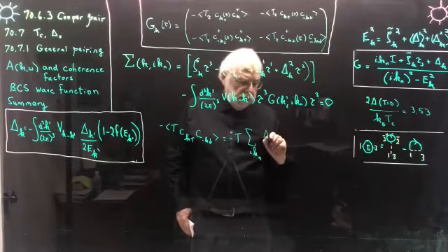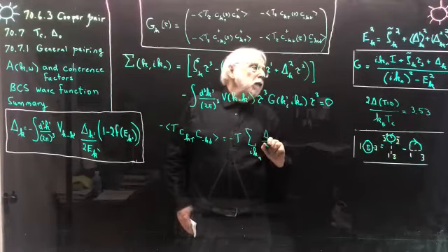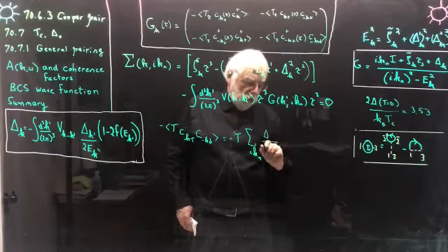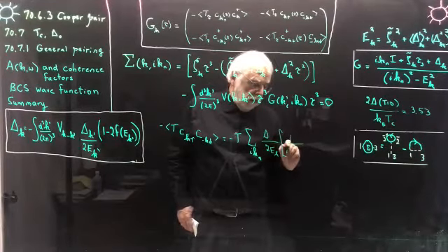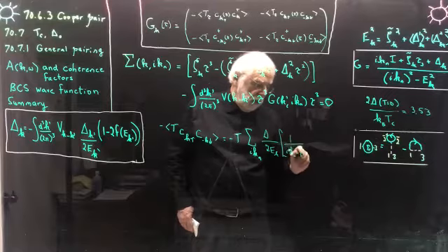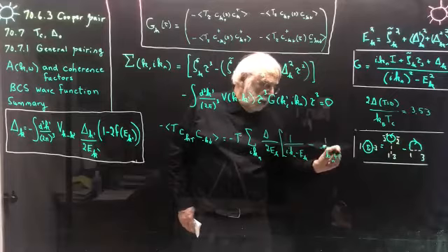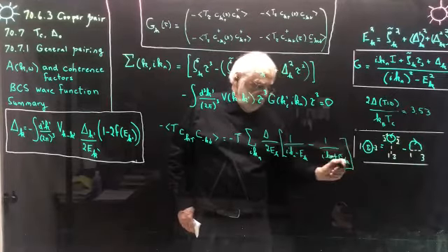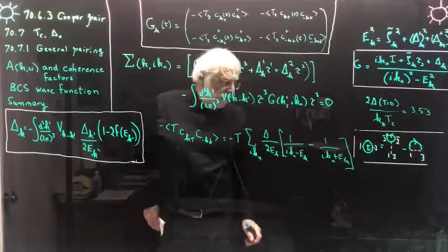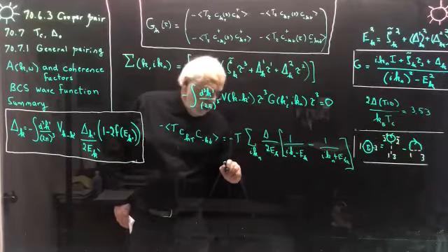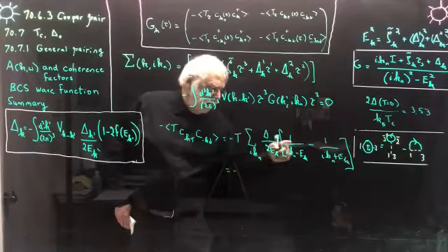Okay, in BCS, we take delta independent of k in the simple BCS approximation, divided by 2 E_k times 1 over i omega n minus E_k minus 1 over i omega n plus E_k. If I put this on a common denominator, it gives me this denominator. Now I can do the sum, so it will be minus Fermi function.